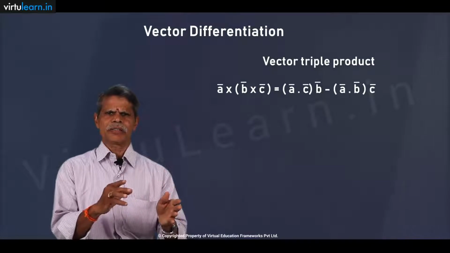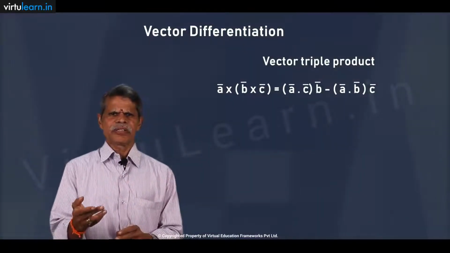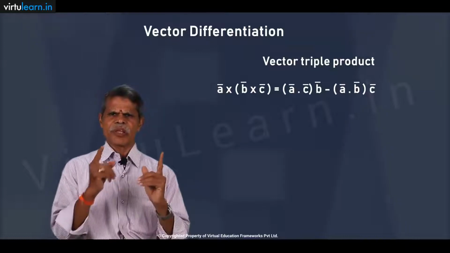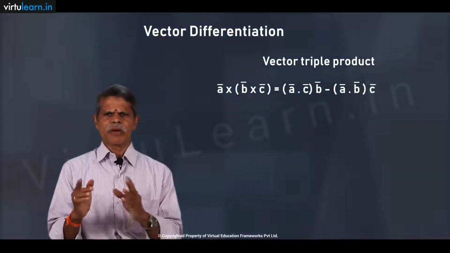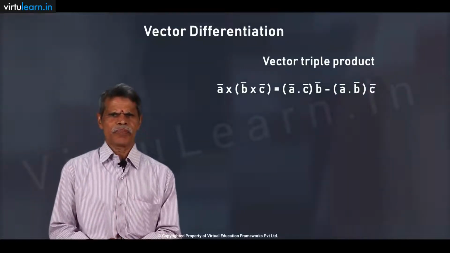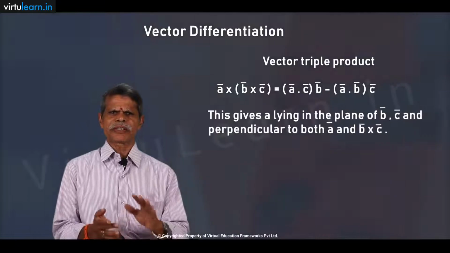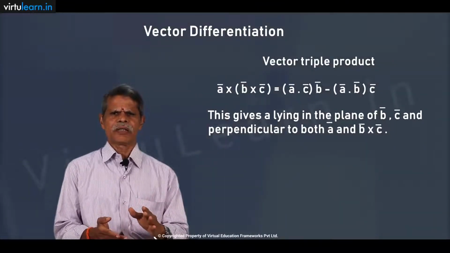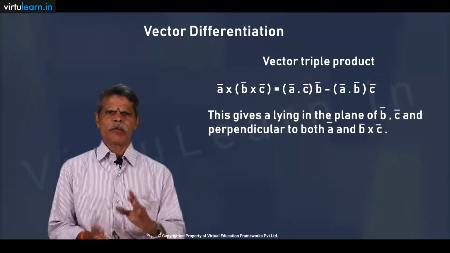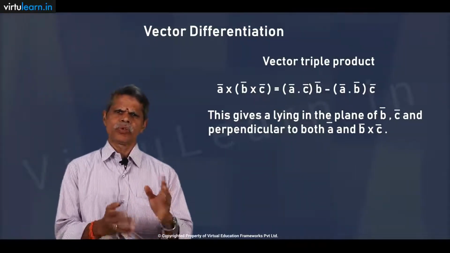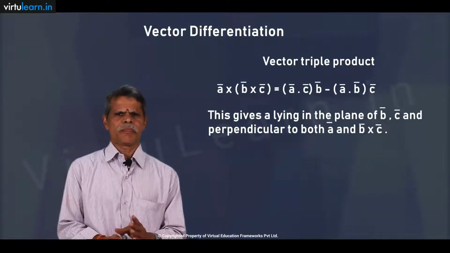Its expression is A bar dot C bar into B bar minus A bar dot B bar into C bar. The immediate thing that comes to our notice is that this gives a vector lying in the plane of B bar and C bar. It will be perpendicular to both A bar and also B bar cross C bar.